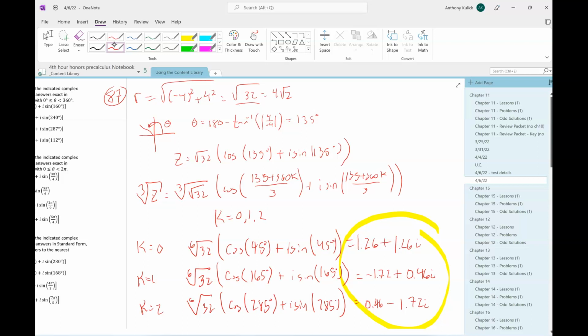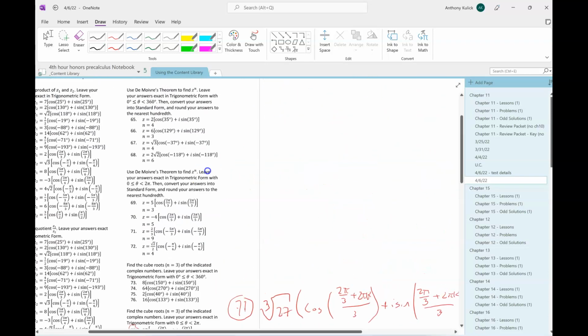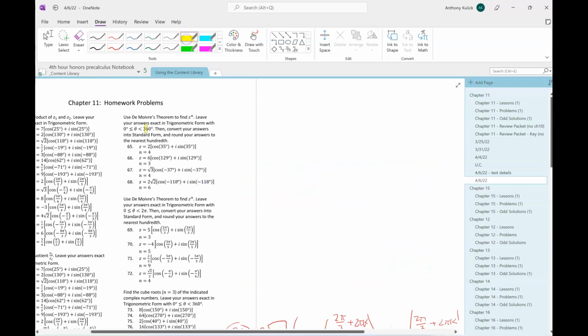In the directions on 65, it's saying very specifically how to write your trigonometric form answer. It wants the angles between 0 and 360. So there's lots of equivalent answers that you could have, but you'd have to coterminal things down so that you fit the directions. So that's why the answers in the book may not match the answer you have. You may still have the correct answer, you just need to convert your angle to something coterminal.